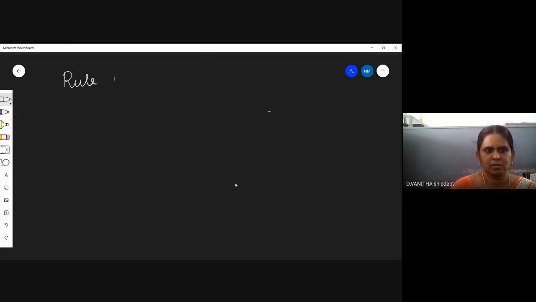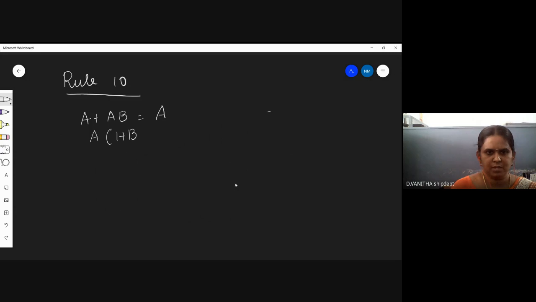Rule 10. This will be A plus AB equal to A. This can be written in a simplified form. A is common in both of them.